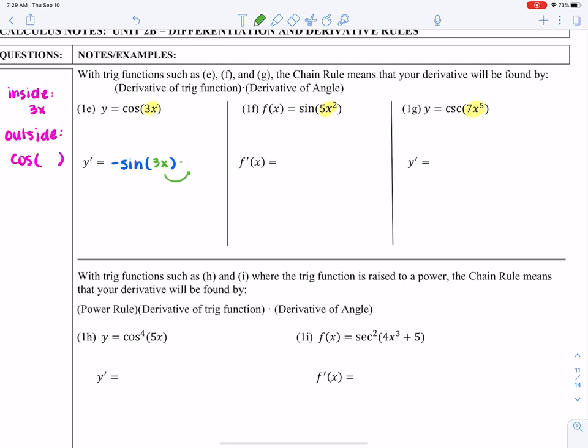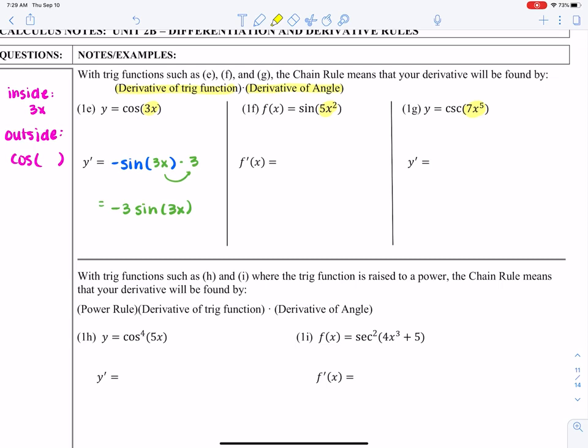Then we'll multiply by the derivative of u, which is the inside function, which will be 3, to give us a final answer of negative 3 sine of 3x. So this is still the chain rule. We're still applying the chain rule versions of these, and essentially what we're doing is derivative of the outside trig function multiplied by derivative of the angle.